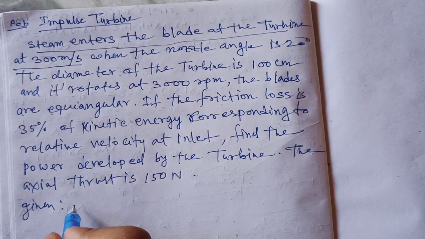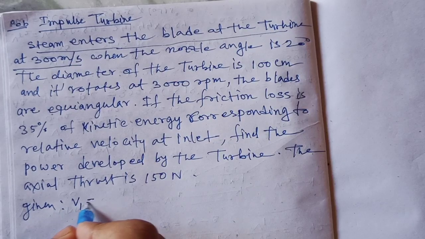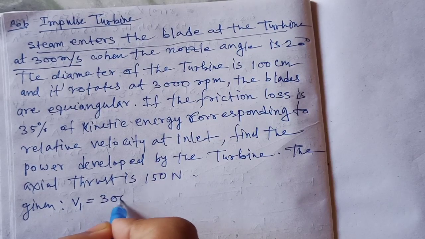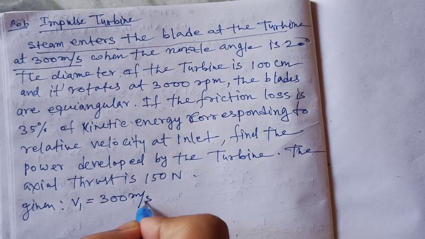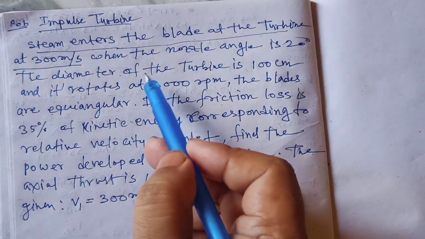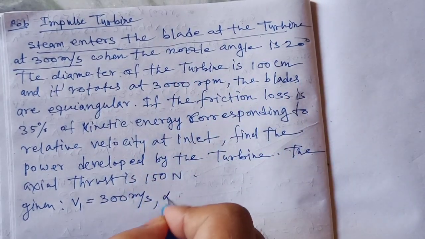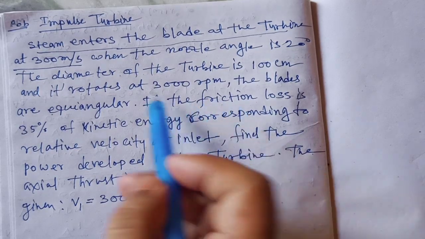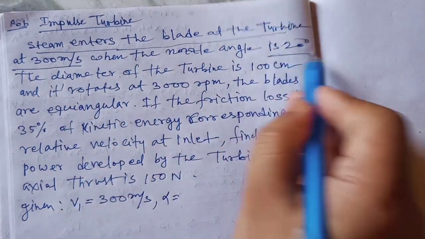So this value is V1, which is 300 meter per second. The nozzle angle is alpha, which is 20 degree.